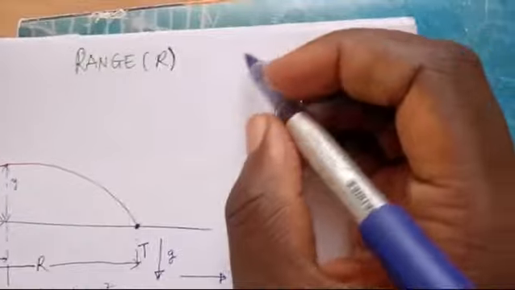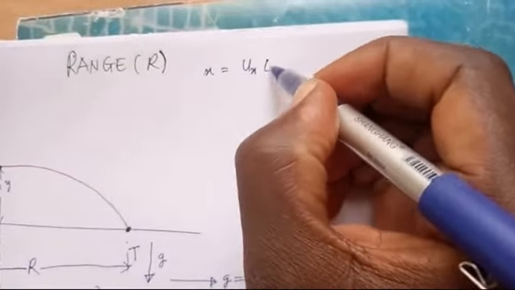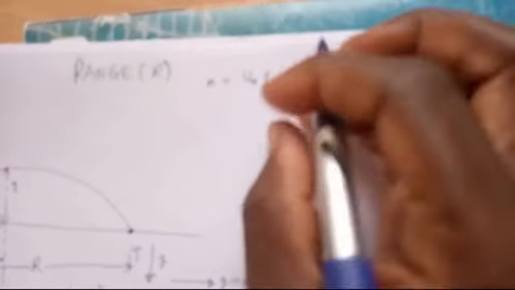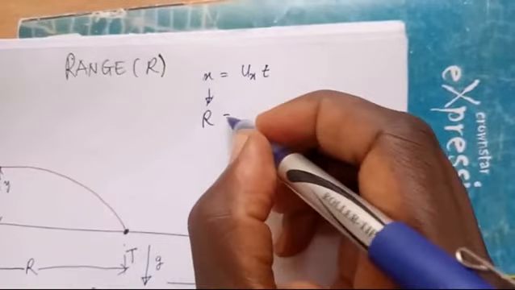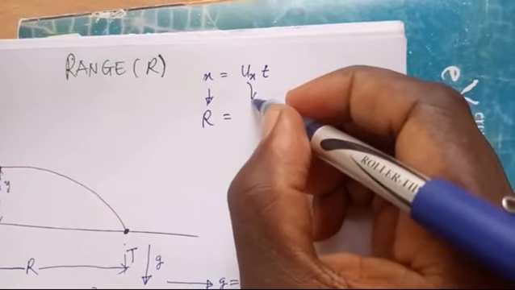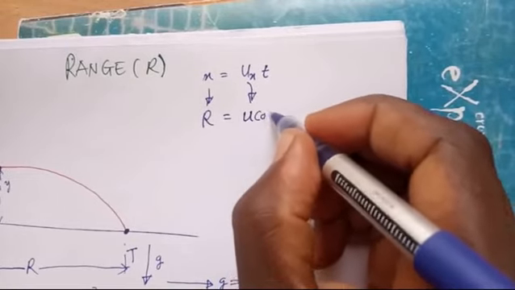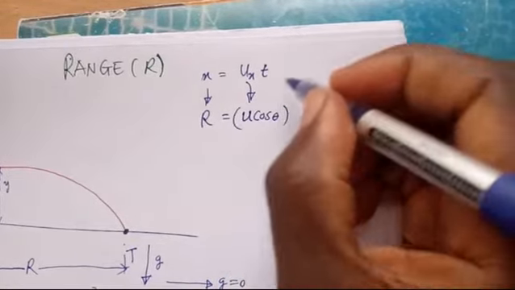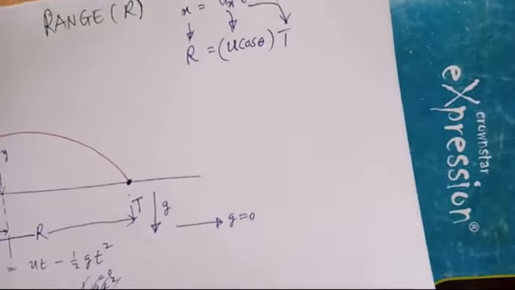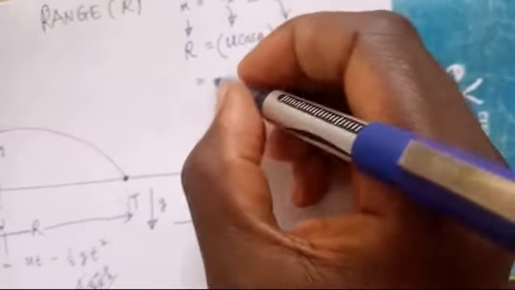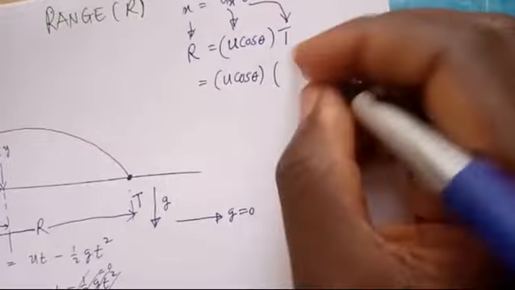So let me rewrite this one again. I know x is equal to u sub x small t. Now when you have range, this x is maximum, it becomes R, and then your u sub x is u cos theta, and your t becomes capital T, the time of flight.